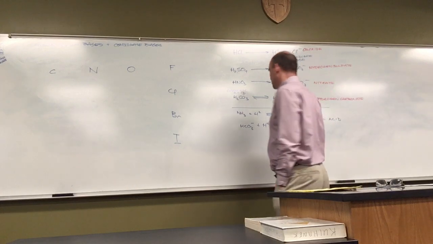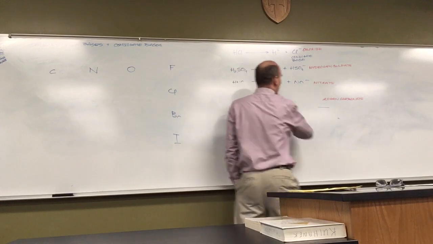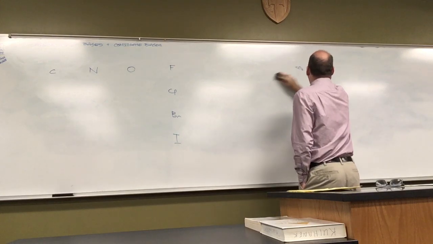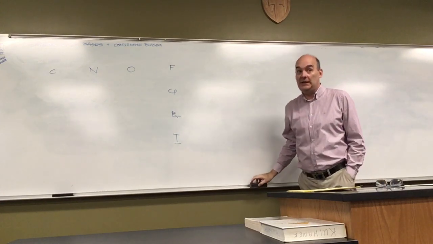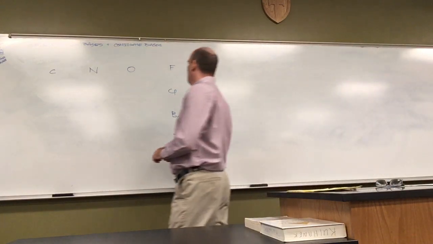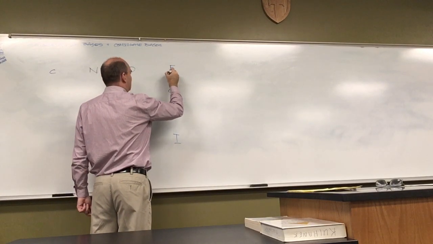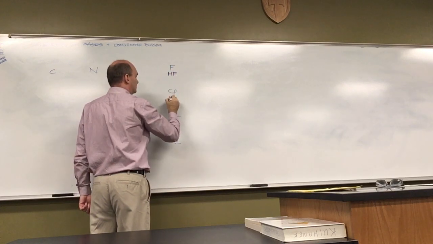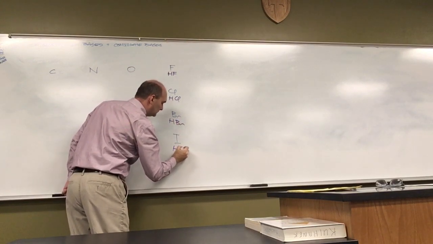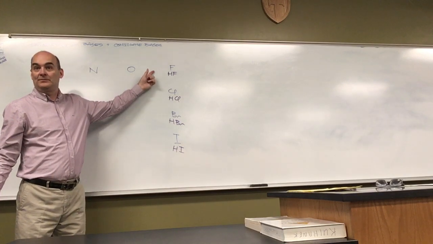Here's what I'm going to do. Those are the atoms that should sufficiently describe a vertical trend and a horizontal trend. I am going to make a family out of these atoms by doing this. I'm making the hydrides out of them.